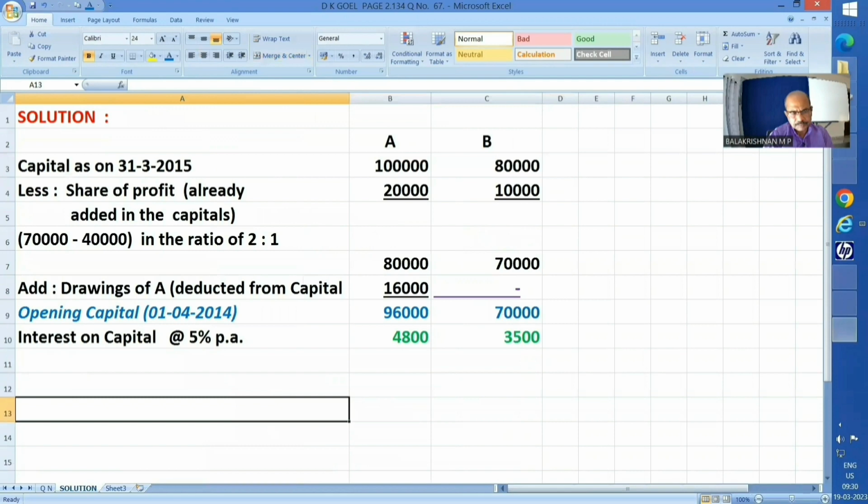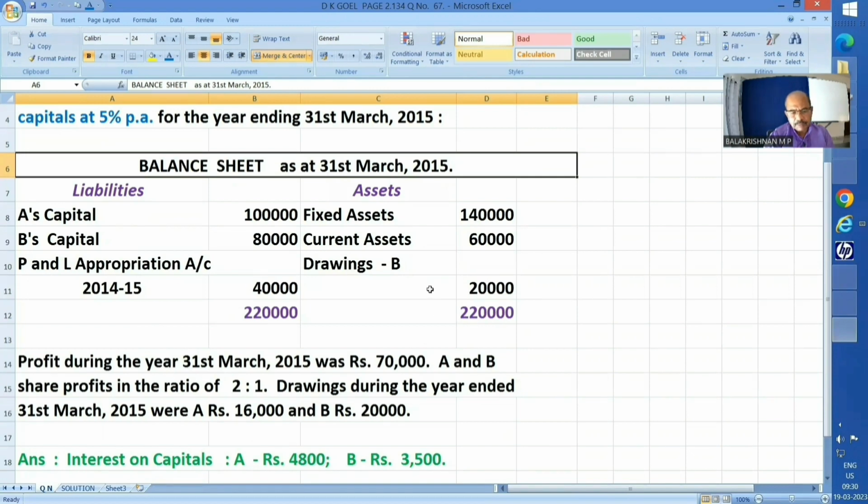Simple. We will add back only drawings of A, whatever has been deducted from capital. Whatever is shown within the balance sheet, what does it mean? It has not been adjusted to the capital. Hence, we should not consider it for arriving at the opening capital, because the closing capital given here is unaffected by this drawings amount.